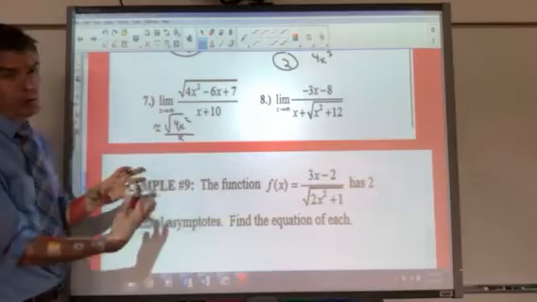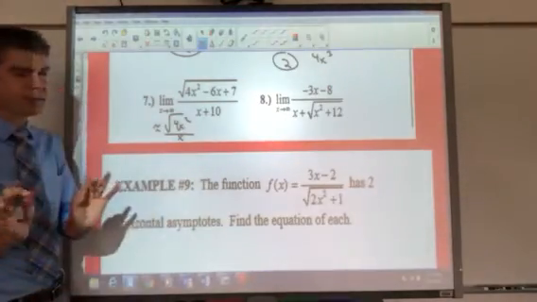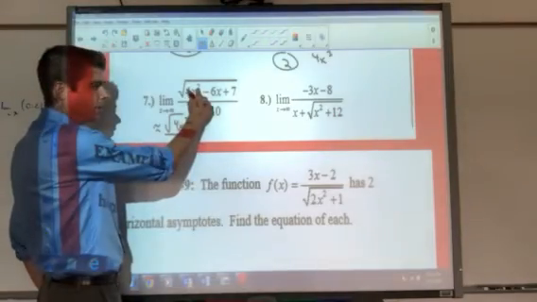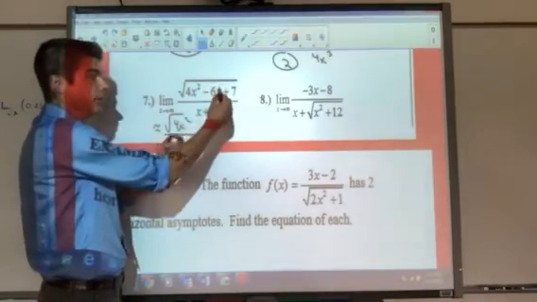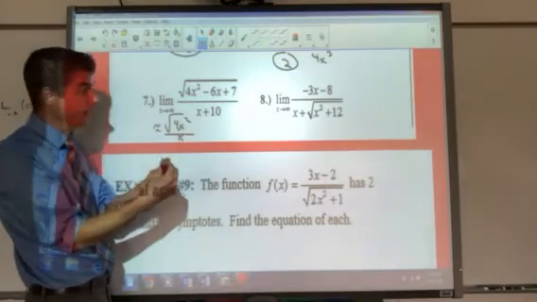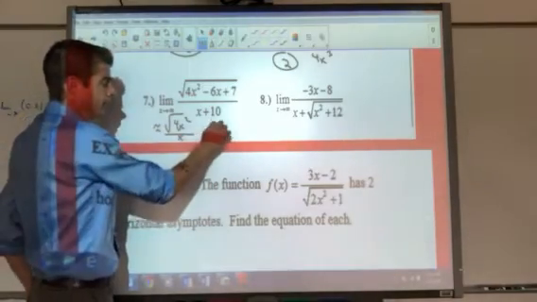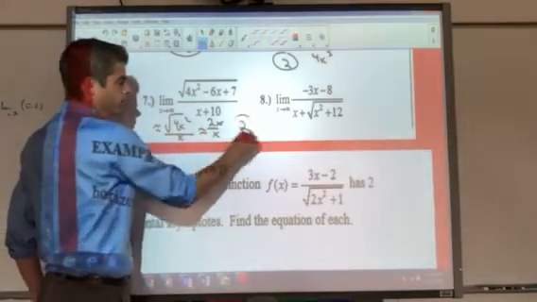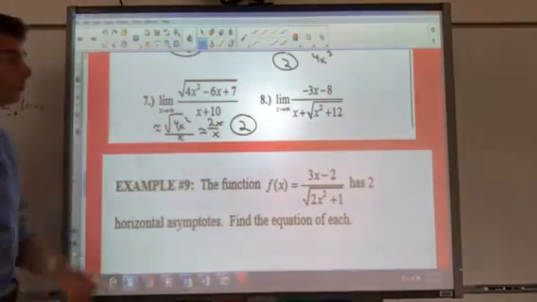So I know this overall thing is positive. When I root it, I don't have to worry about the plus or minus. But now realize that even though deceivingly that's quadratic, a quadratic under the influence of a square root actually behaves like a linear function. This is going to be like a 2x over x, which is a ratio of 2. So its limit value would equal 2.